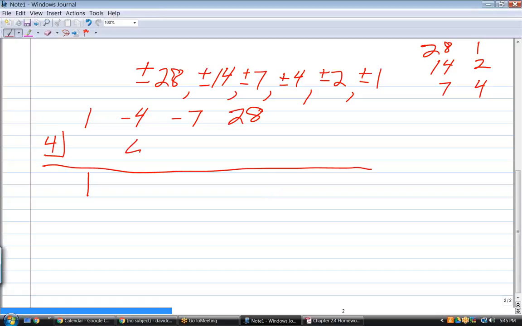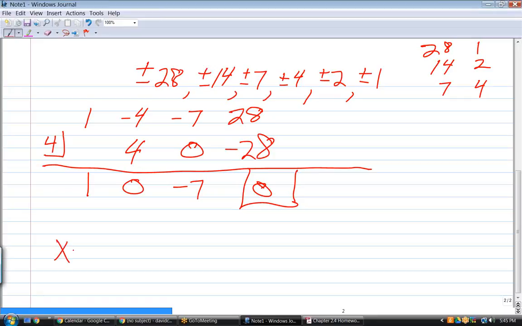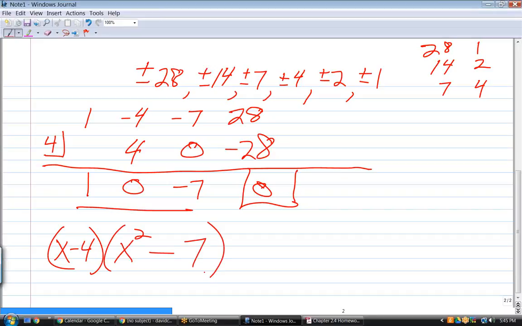Then it'll be 4. Then it'll be 0, 0, negative 7, and negative 28, and I'll bring it to a remainder of 0. And that's what you need. Not only does that tell me that one of my factors is x minus 4, but it also gives me my other factor. That is x squared minus 7. No middle term, no x term. And so I can get to this step.